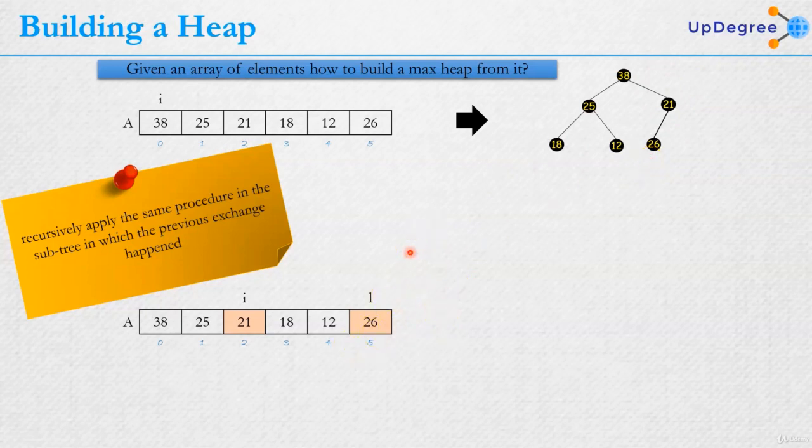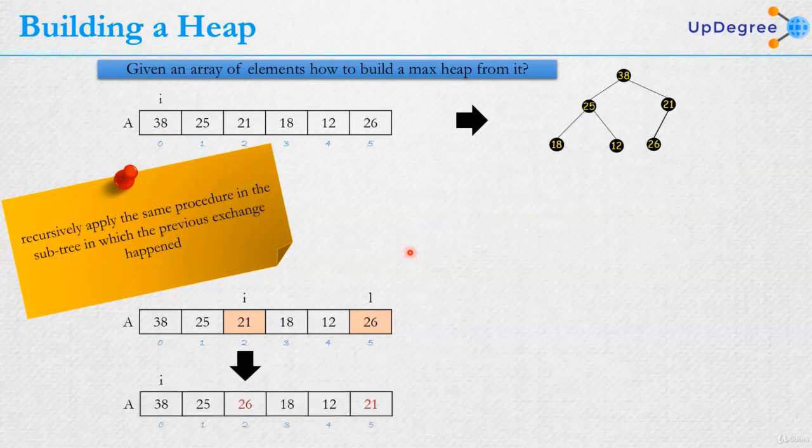So the max of 21 and 26 is 26. We have to exchange 26 and 21. So 26 comes to index 2, 21 goes to index 5, and finally the tree looks like this with 26 and 21 exchanged. So this is the max heap that we have created from a given array.